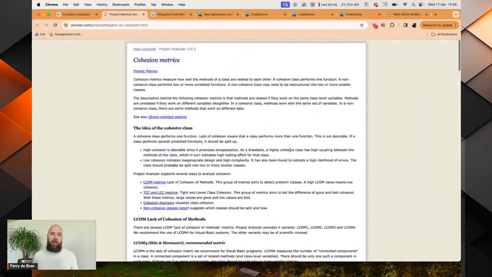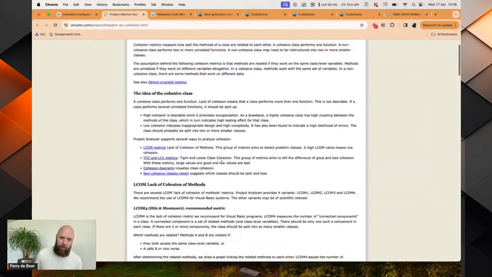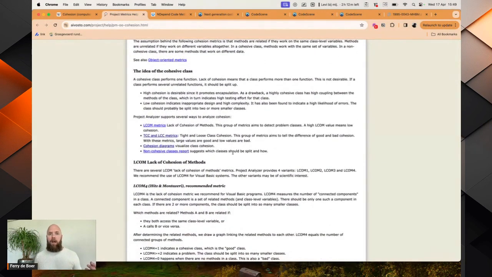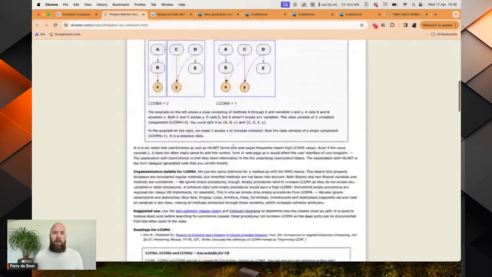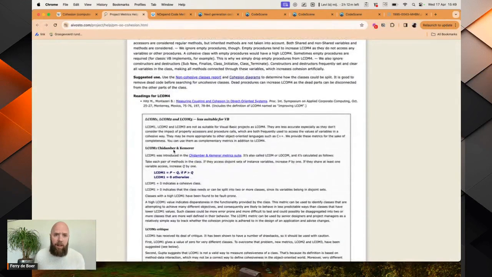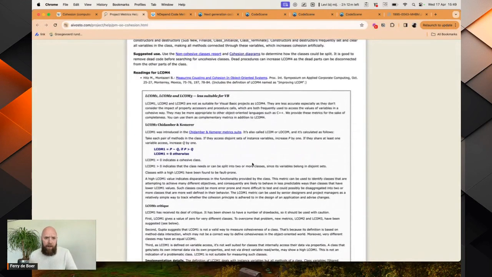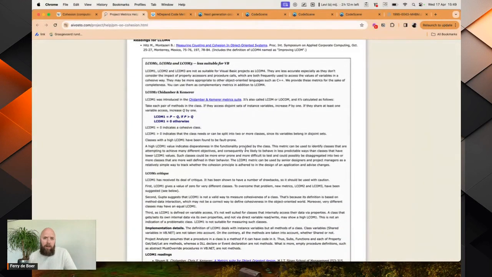And basically, it says LCOM 1, which was the first one, had a lot of drawbacks. There were issues with false positives or maybe even false negatives, so the usability of the outcome was hard. For instance, when you had getters and setters, it was not performing that well.